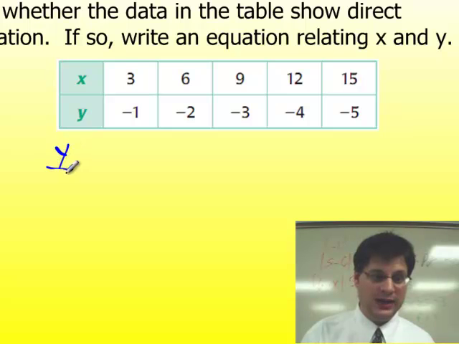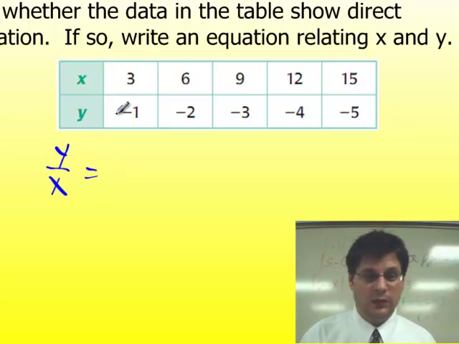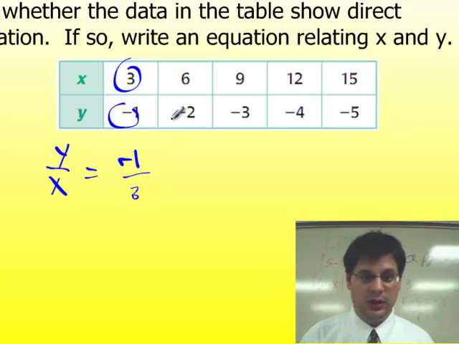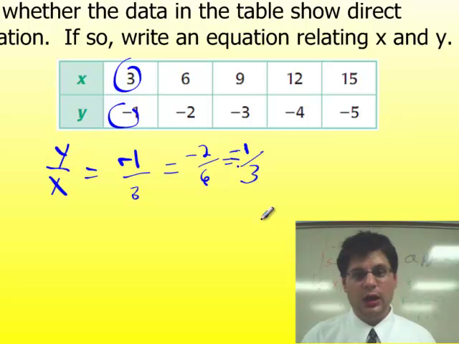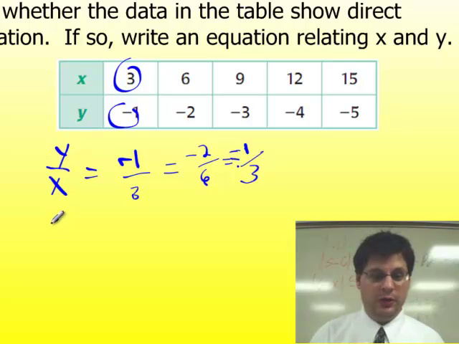If I compare y to x, just like we do with slope, for the first one of -1 and 3, it's going to be -1/3. On the next one, it's going to be -2/6, which is also -1/3. Each one of these, when we test it out, should equal -1/3.